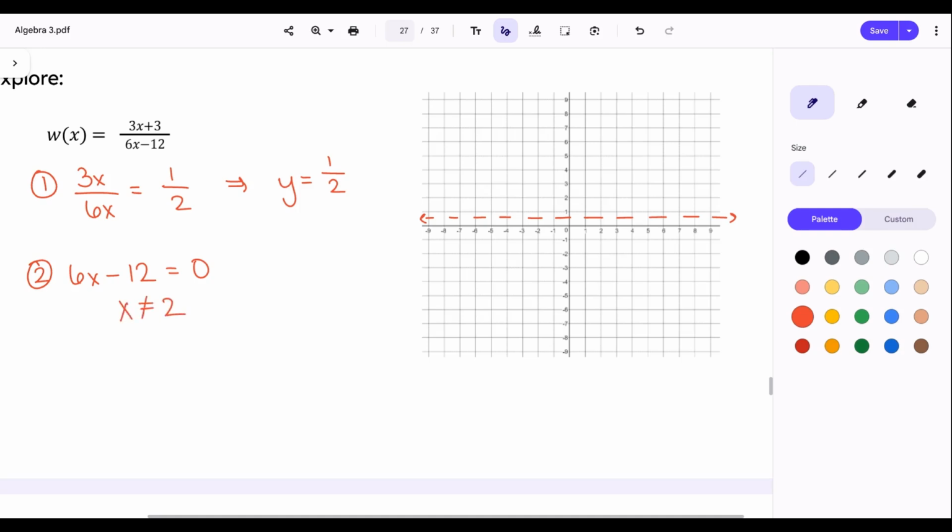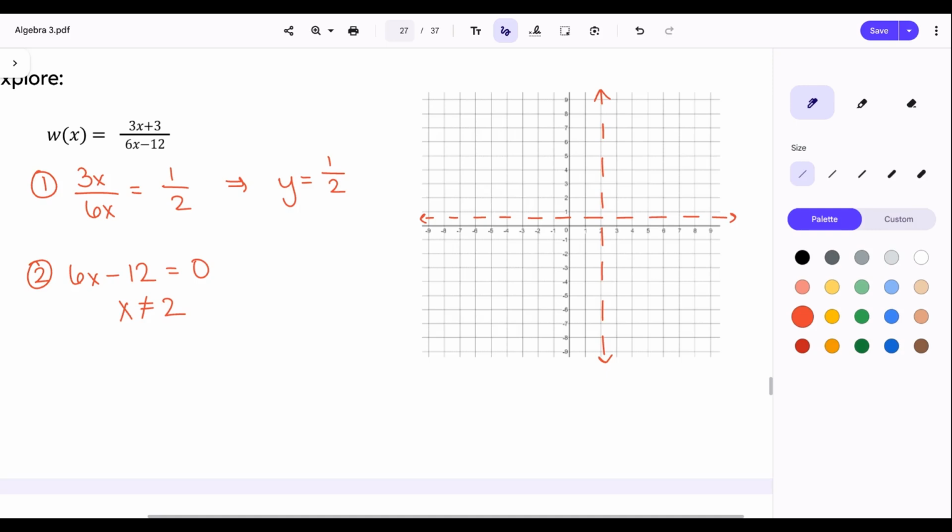So I'm going to come back over here now, go to 2 on the x-axis and draw my vertical line through it. We only had one vertical this time because there was not like a squared or anything. So this is almost similar to that parent function that we talked about yesterday, in that it's got 1 horizontal and 1 vertical.